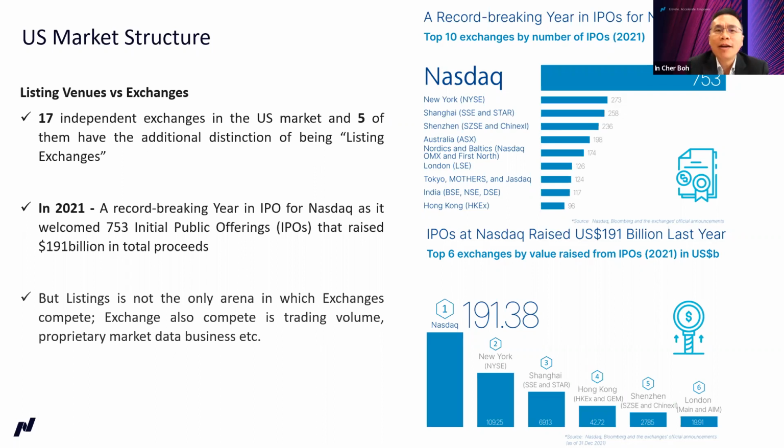In 2021, Nasdaq led US exchanges with 753 IPOs, raising $191 billion in proceeds. However, listing is not the only arena in which exchanges compete. Exchanges also compete for trading volume and providing proprietary market data products, and so on.